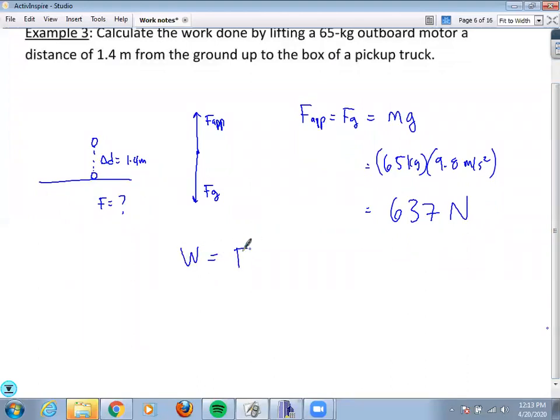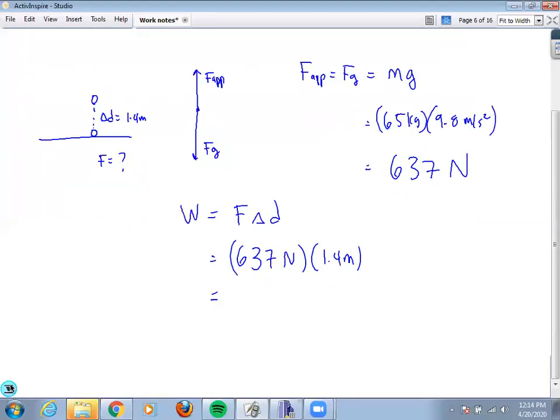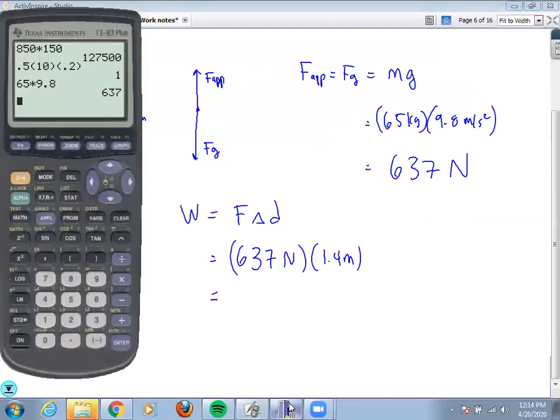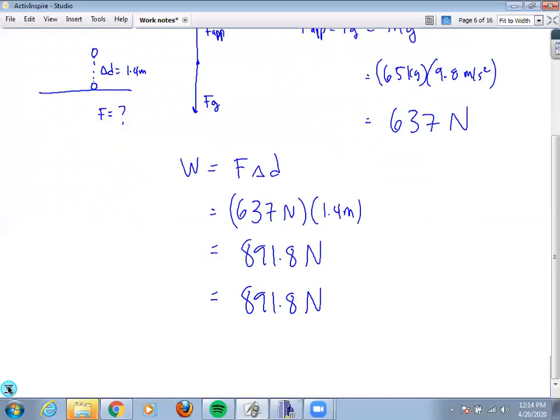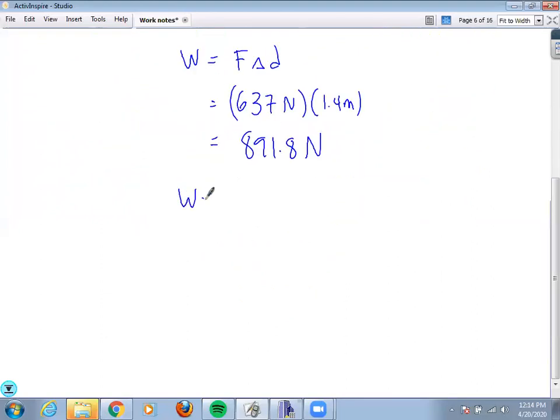So work equals F delta D, that would be 637 newtons times 1.4 meters. We're going to get our answer very easily. We take 637, which we calculated, times 1.4, you get 891.8. So the answer would be work equals 892 joules.